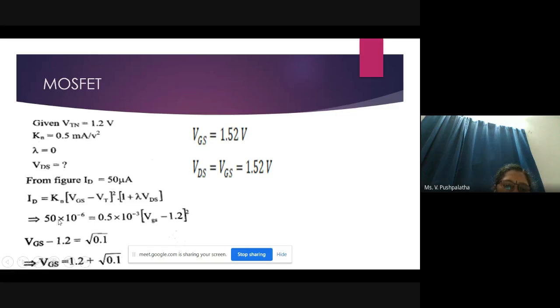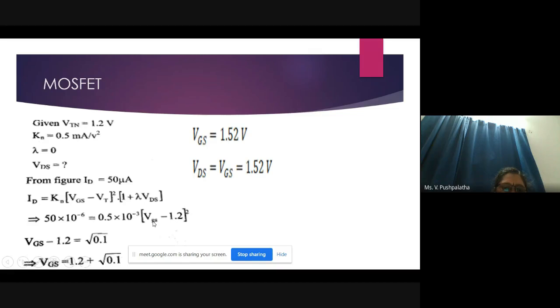So 50 into 10 power minus 6 is equal to, right? You take your Kn value 0.5 into 10 power minus 3, VGS minus VT whole squared. You need to find out what is your VGS value, right?